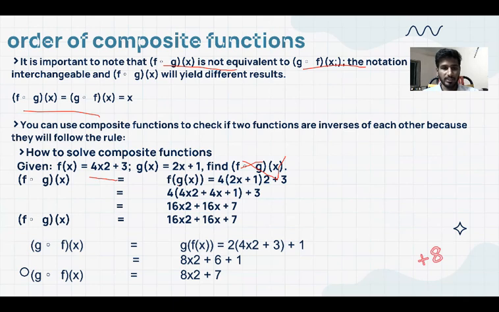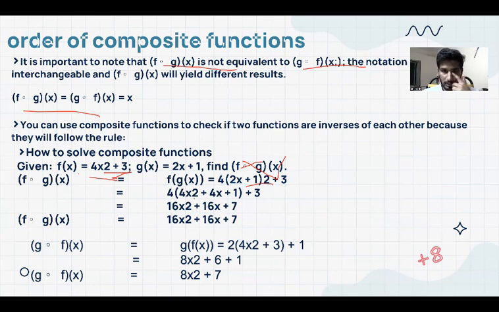Here g of x is 2x plus 1. Where x is present in f of x, there itself we have to replace it with g of x. Means here at x square, we replace x with 2x plus 1, so it is 4 into 2x plus 1 whole square, plus 3. We know the formula for a plus b whole square, that is a square plus b square plus 2ab.